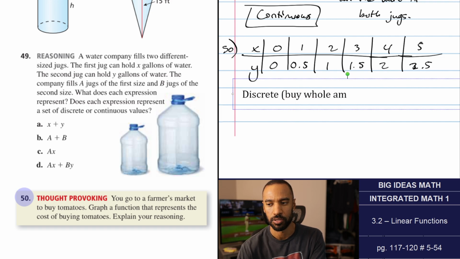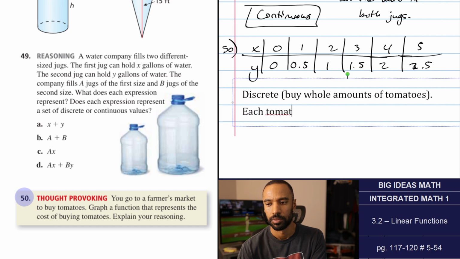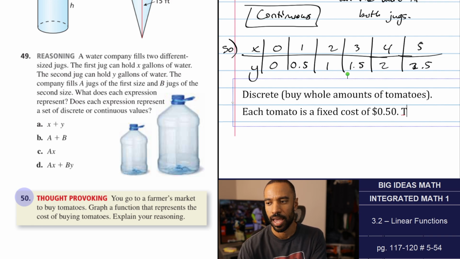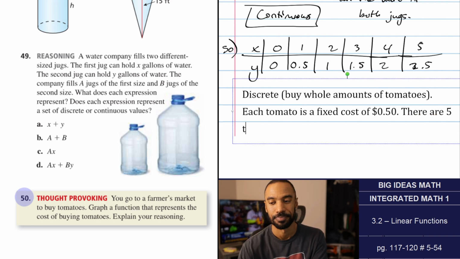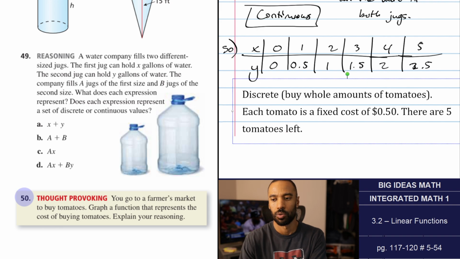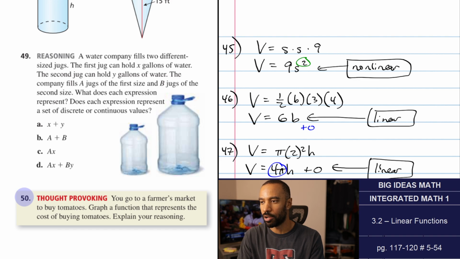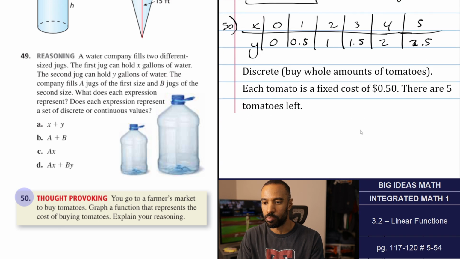Buy whole amounts of tomatoes. Each tomato is a fixed cost of 50 cents each, and there are 5 tomatoes left. So you can buy up to 5 if you so choose, or none at all. And this is the different amounts that you'd be spending.